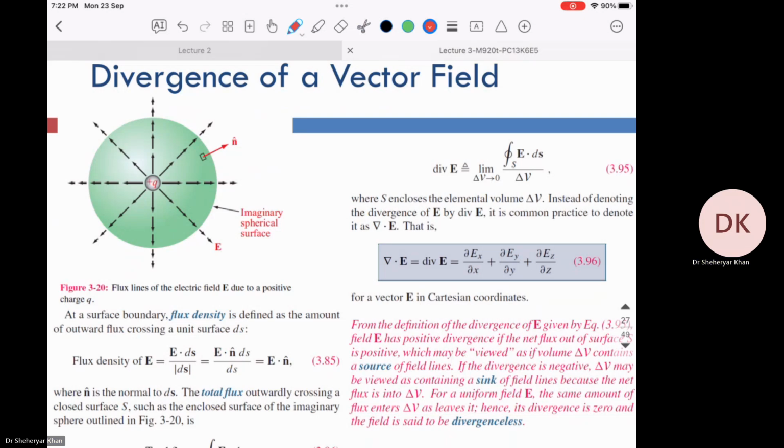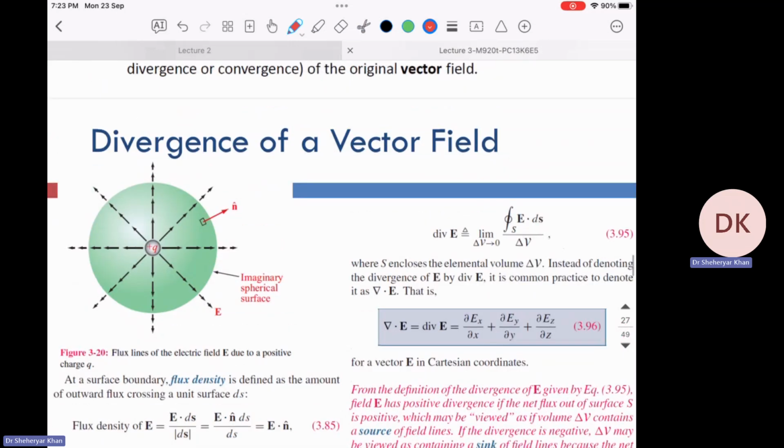So in order to find out the flux, or the electric flux, or we call it flux density, right? In order to find out this, we need to take the surface integral, E dot ds. So we actually use three types of integral to model the behavior, or find out the quantities. Remember, I gave you the example of work done.